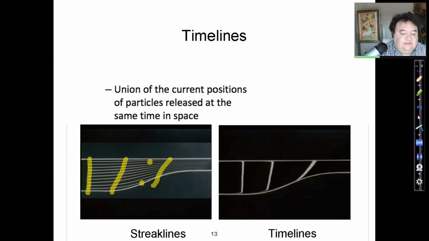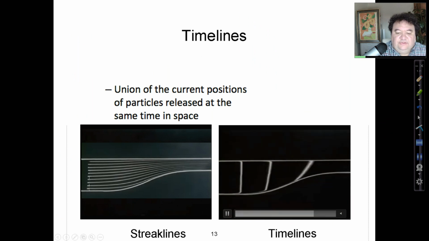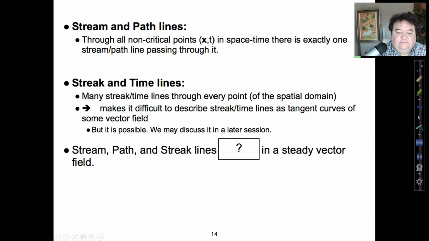That gives a better understanding of an unsteady flow as it evolves over time. And so, yeah, here you see again this evolution, and then you have a set of those timelines moving forward over time.